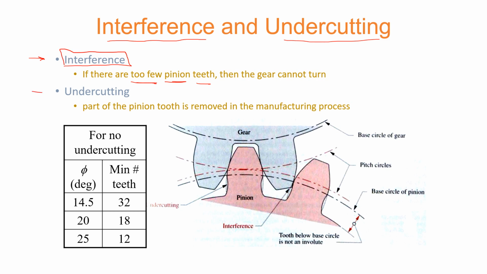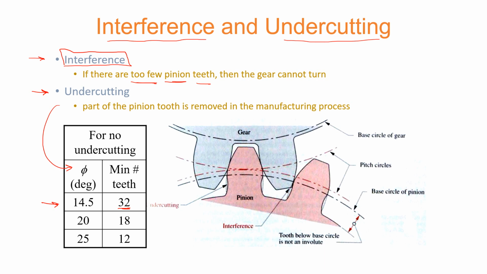And similarly, undercutting is also a problem, but that corresponds to the selected pressure angle. So phi is the pressure angle. If you choose this to be, let's say, 14.5, which allows you to transmit the forces at this particular angle, as we have previously described, you need to have the minimum number of teeth to be 32 in order to ensure that.